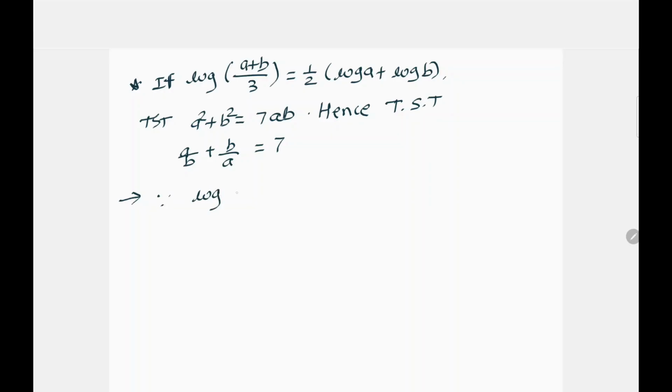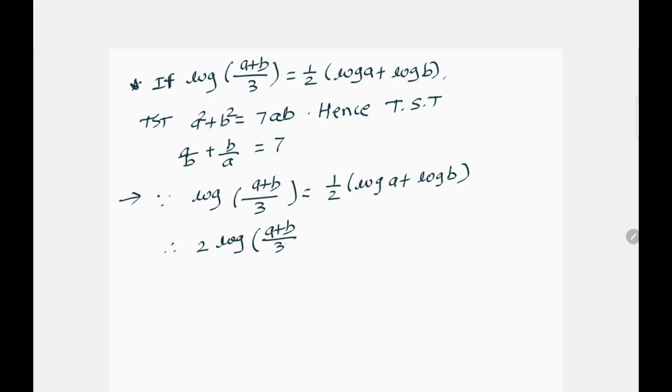So since log of A plus B upon 3 is equal to half of log A plus log B, therefore 2 log of A plus B upon 3 is equal to log A plus log B. Now here there is addition of logs, it means law of product.